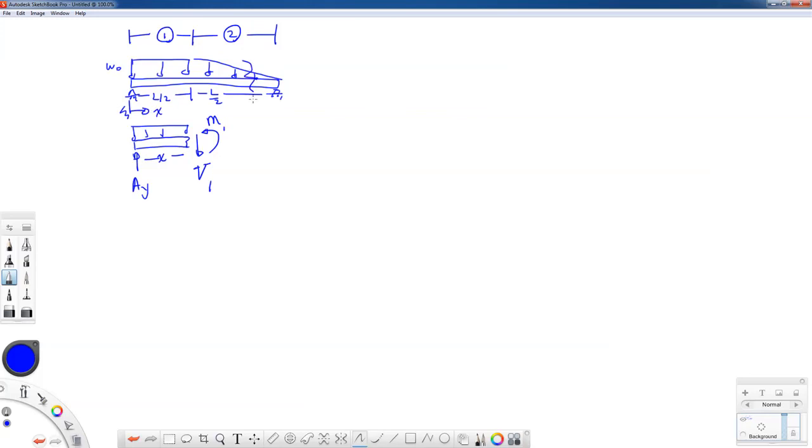And in region 2, we have that height that we need to find again. We have an internal shearing force and bending moment M2. Now we have to be a little bit careful when we do these kinds of cuts. Our coordinate system has to stay where we put it down on our paper initially.